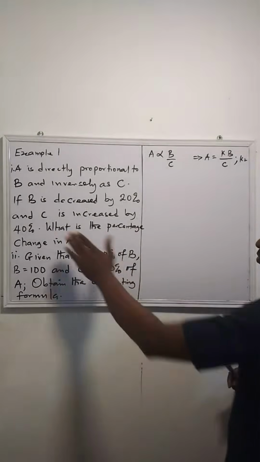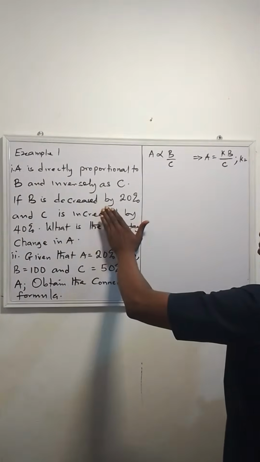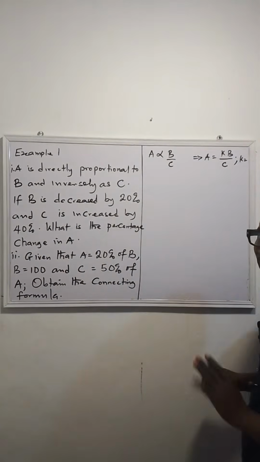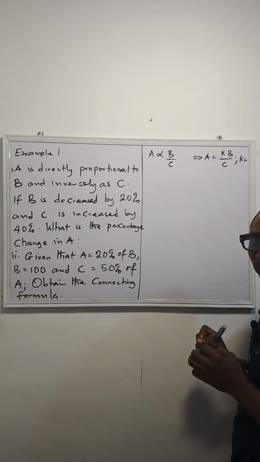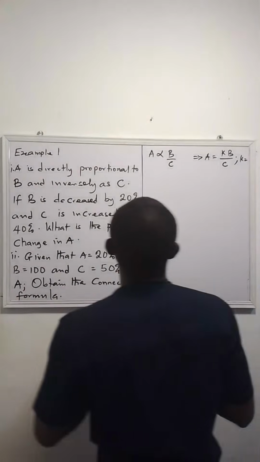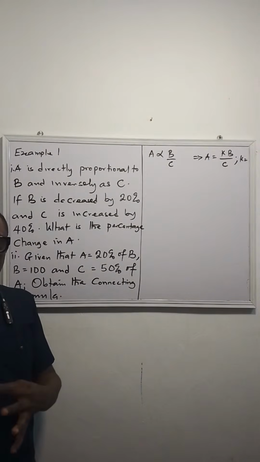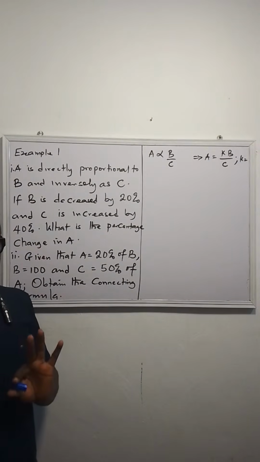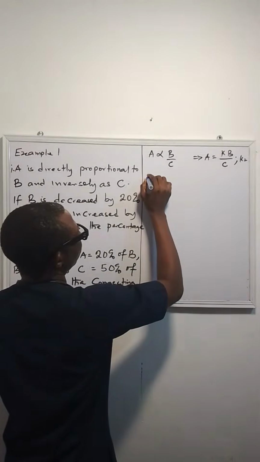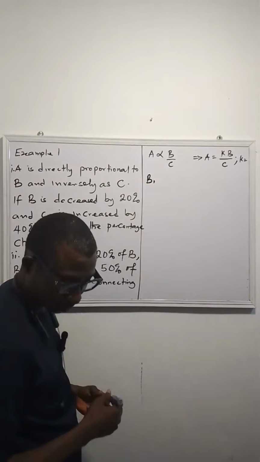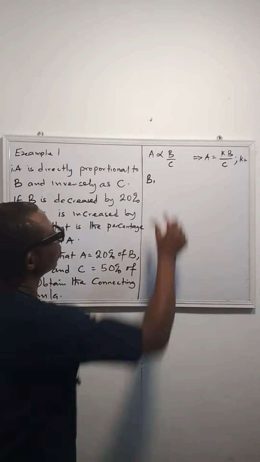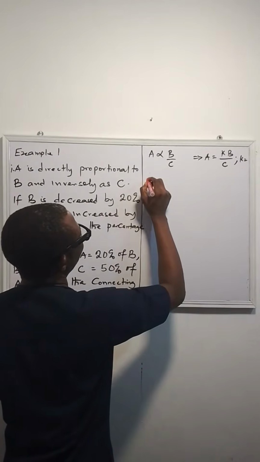All right, now let's go further. Now B is decreased by 20%. So now we need to get an expression for the value of B that is decreased by 20%. Let's call that B1.